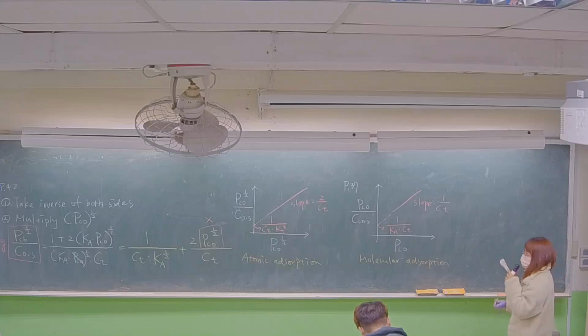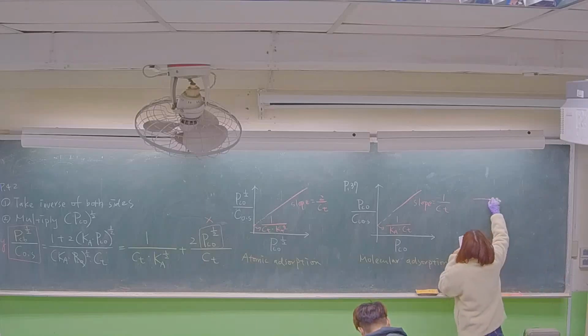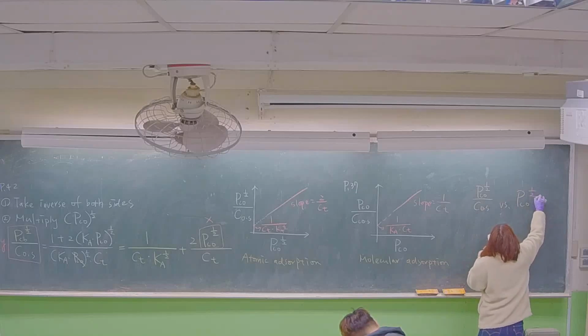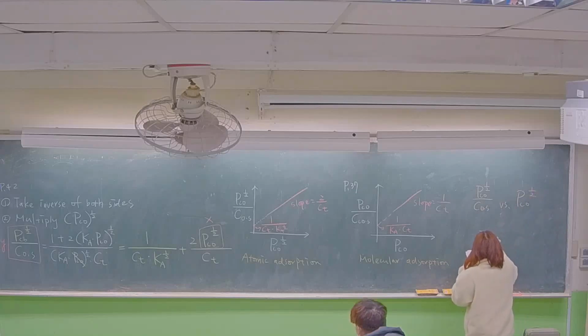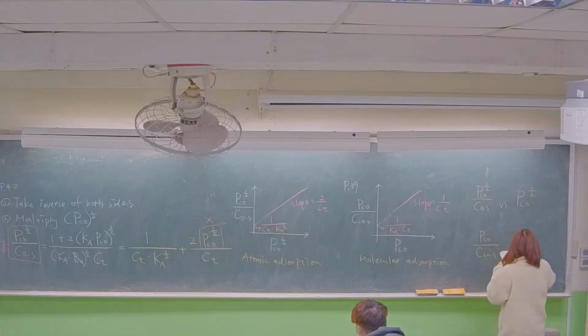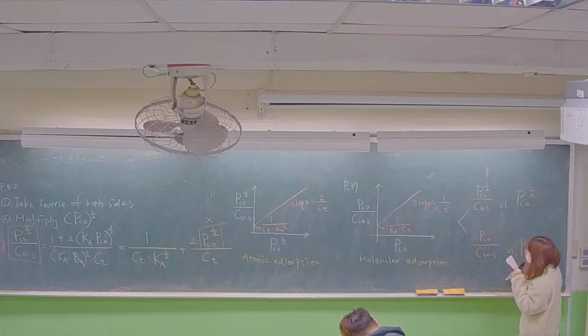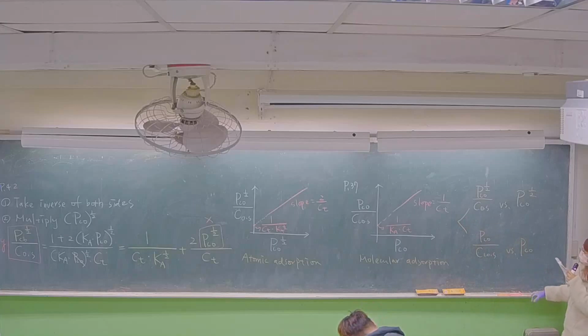Okay, so what's the function for these two? That means you have two choices, right? If you draw this one, y versus x, or you draw this one, y versus x, you can see which one you can get a linear line.